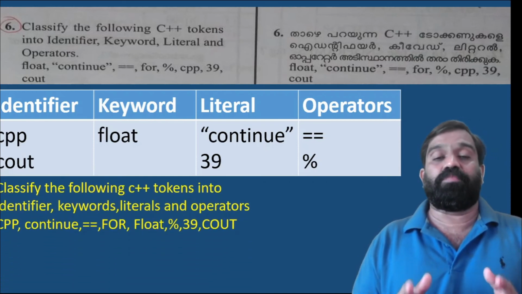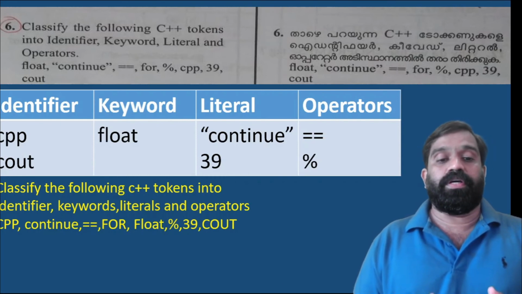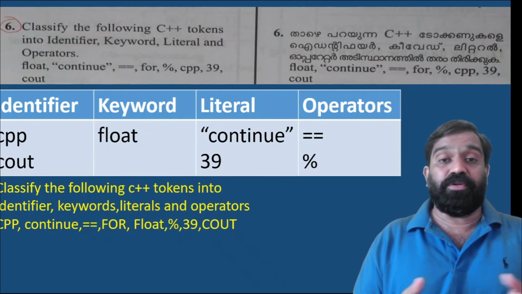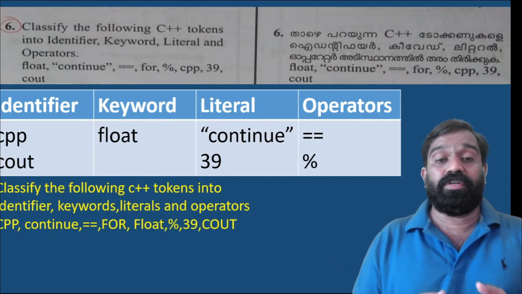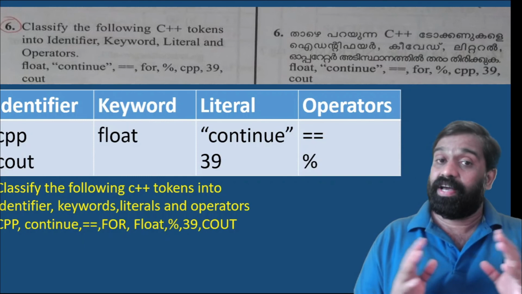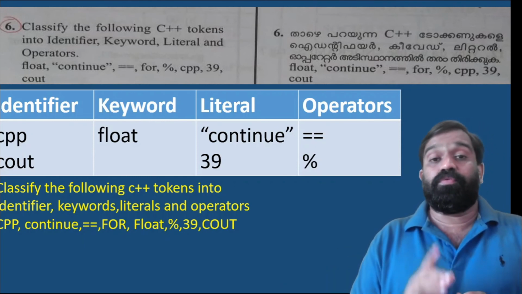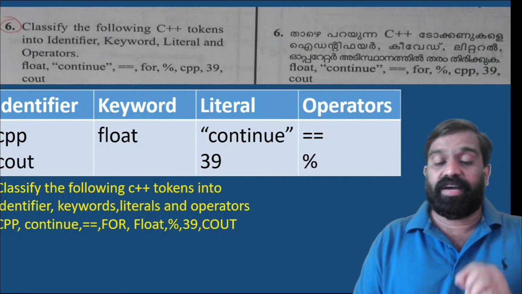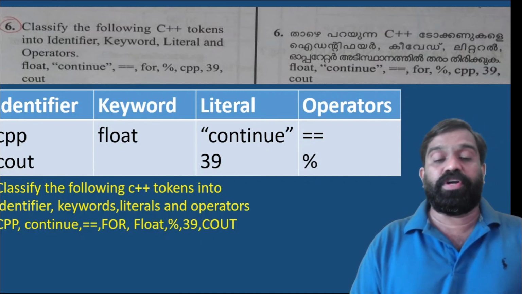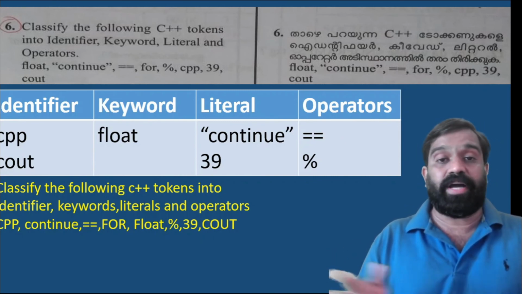Classify the following C++ tokens into identifier, keyword, literals and operators. CPP in capital letters, continue where I took away the double quotes, the comparison operator as it is, FOR which I made capital letters, Float where you just look, F is capital, next the modulus operator, 39 as it is, and COUT in capital.